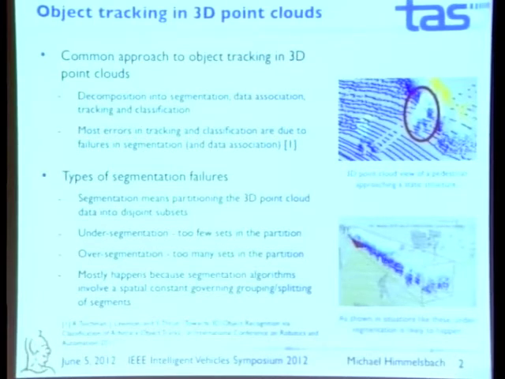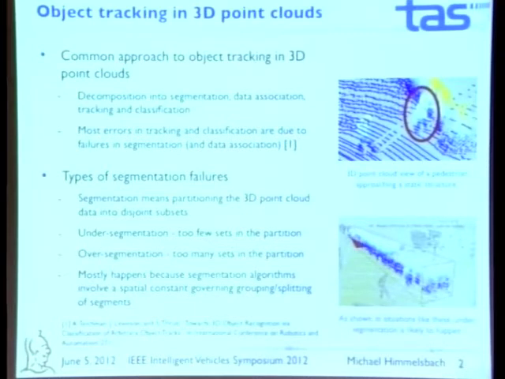And then there's over-segmentation, just the opposite. The partition contains too many sets, so too many objects, which means that single objects are split into multiple components. This actually happens mostly because segmentation algorithms involve some spatial constant that governs the grouping or splitting of segments.